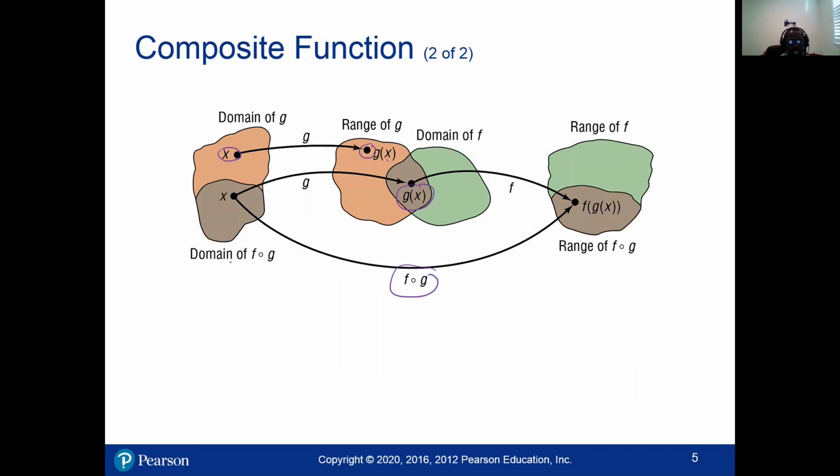As you can see, the domain of f of g is a subset of the domain of g, and the range of f of g is a subset of the range of f, because f is applied last. In real life, you can see this in a production line: machine number one takes an input and produces an output, and gives it to the next machine to process it.